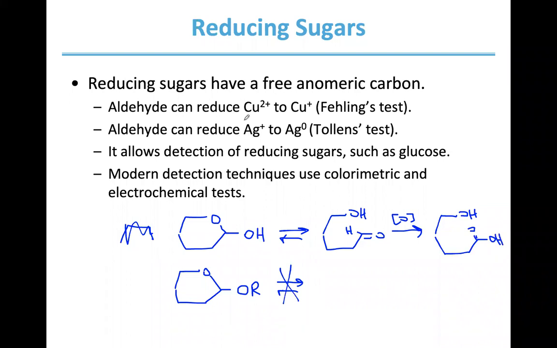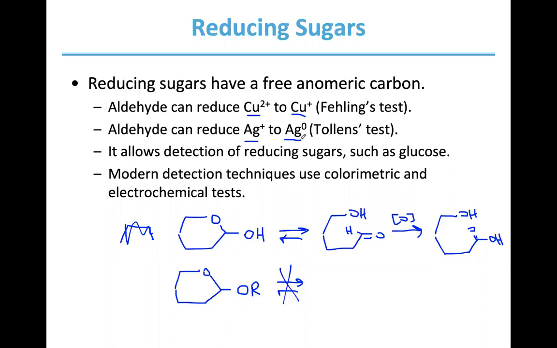And you can oxidize this with a bunch of things. You can oxidize this with copper, for example, copper 2 going to copper 1. This is known as Fehling's test. You can also use silver, right? It's a very nice reaction because you use a silver plus 1 salt, and when it's reduced, it turns into metallic silver.